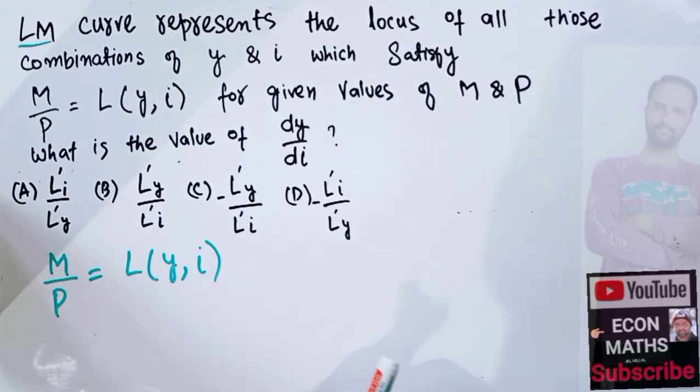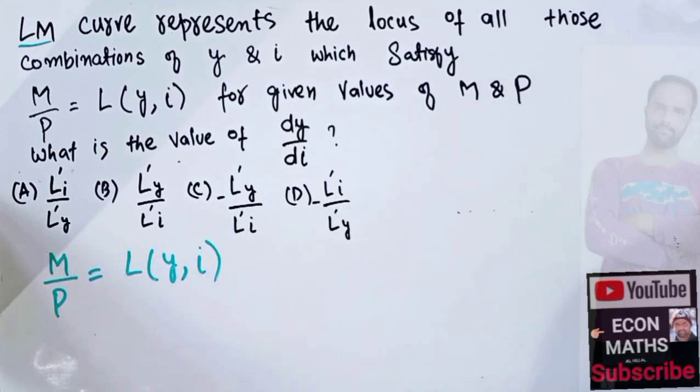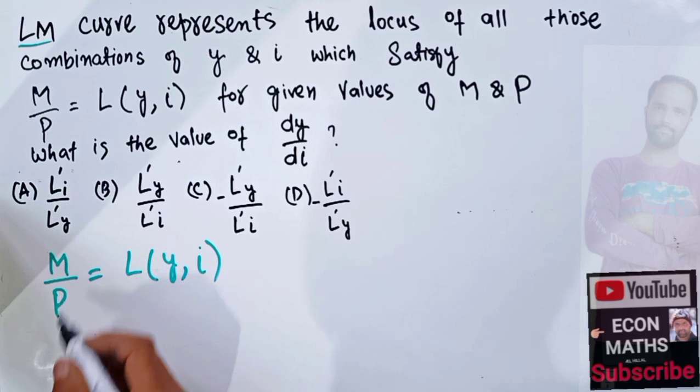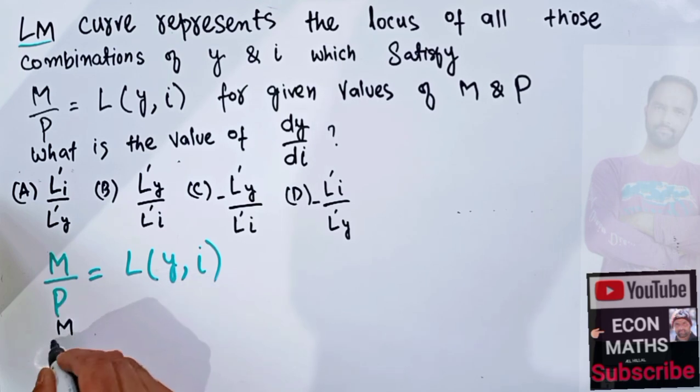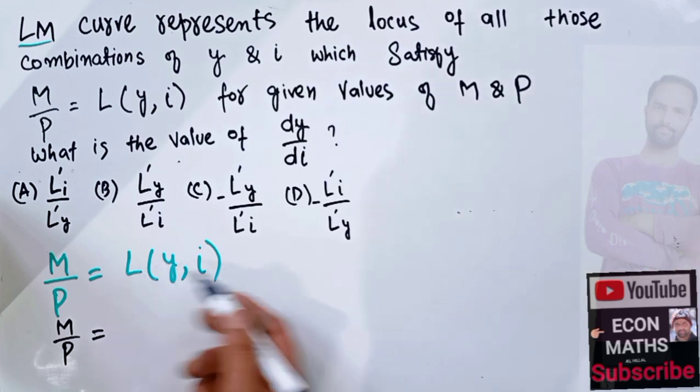Now this LM curve or LM equation shows us the money market equilibrium. Money market equilibrium occurs when the money supply is equal to money demand. We know that very well. Now M upon P, which is money supply. Money demand has two components, and let me write it in this fashion.